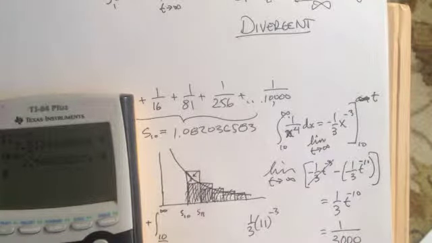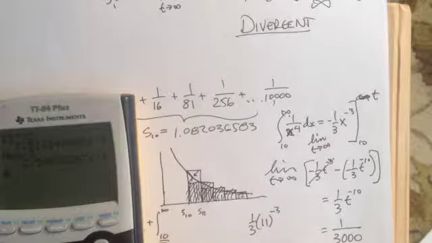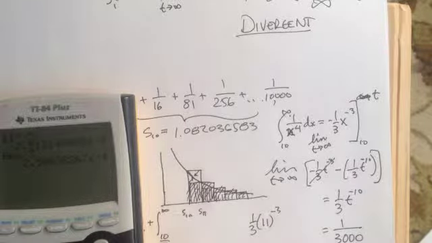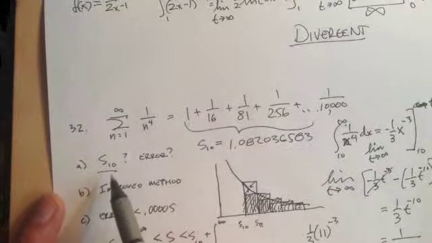I'll stop there. So I've got this amount here and this amount there, and basically you just average those, and that gets you the amount that is closest to your sum of your first 10.